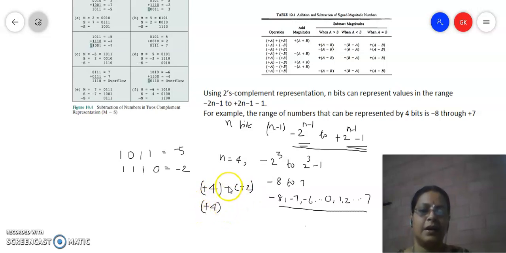Then this subtraction is implemented by plus. You take the 2's complement of the second number, and adding it to the first number will give you the subtraction result. We will work it out with the problem given here: 2 minus 7. So you have to subtract 2 minus 7. We will solve each problem one by one.